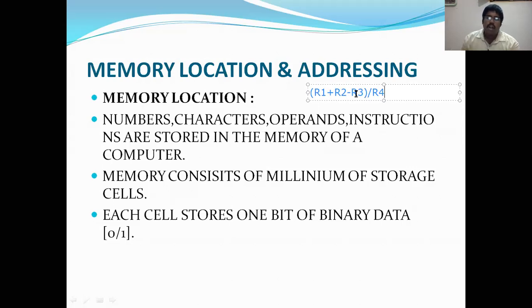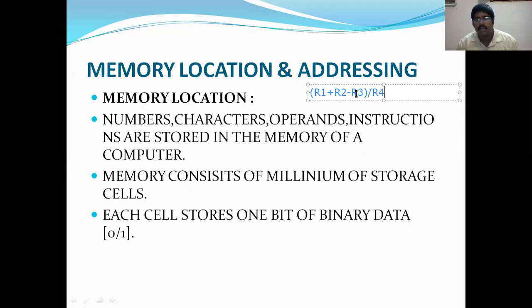That means whether it is the initial value or intermediate value. Intermediate value means the value obtained when I perform the R1 and R2 addition, when I subtract R3 from the added result, or when I divide by R4 the obtained result. Whether it is the initial value, intermediate value or final value, the value has to be stored somewhere. That somewhere is nothing but a memory location.